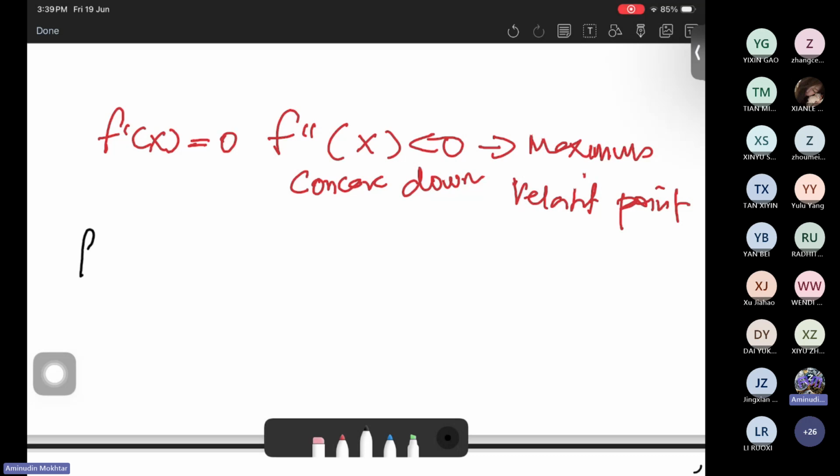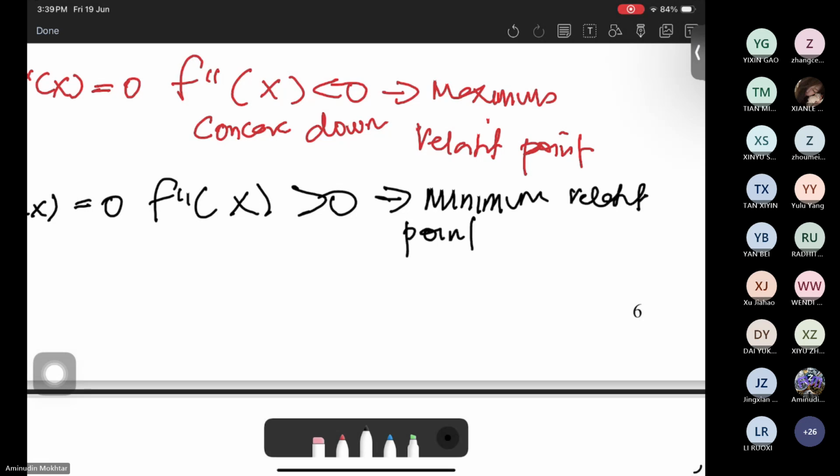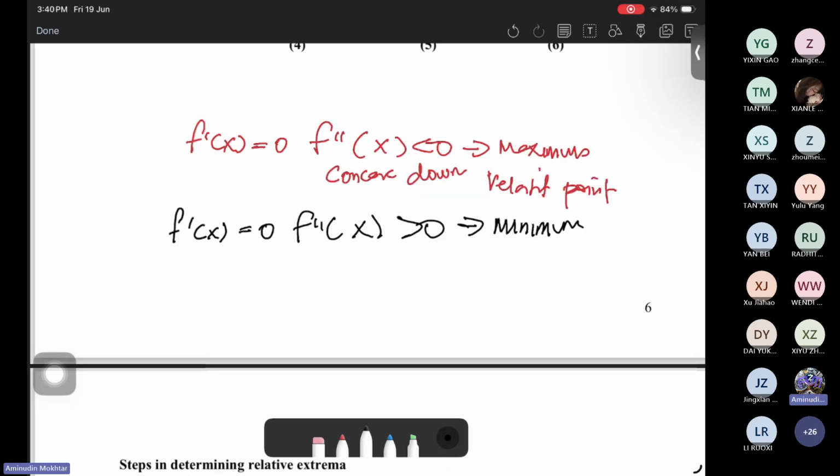The second condition is the first derivative is 0, but the second derivative is positive. For this case, the critical point is a minimum relative point. So for this topic, you need to know this.